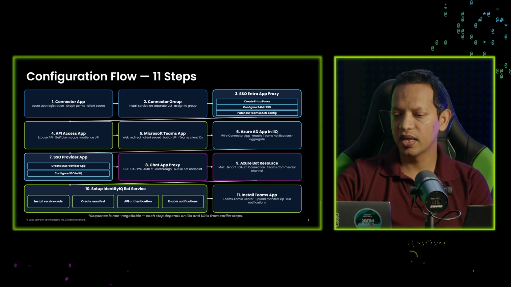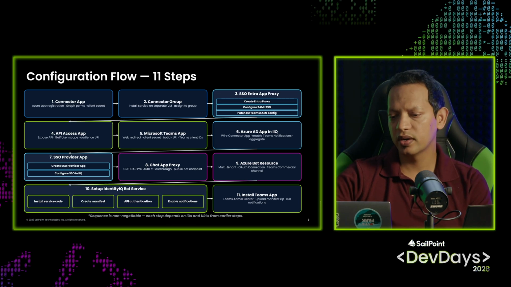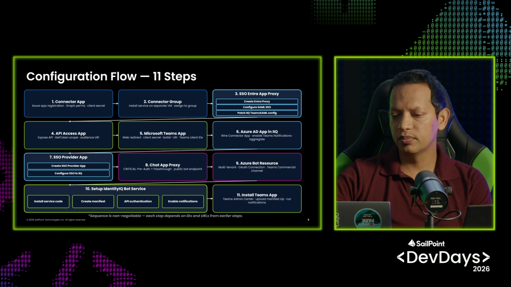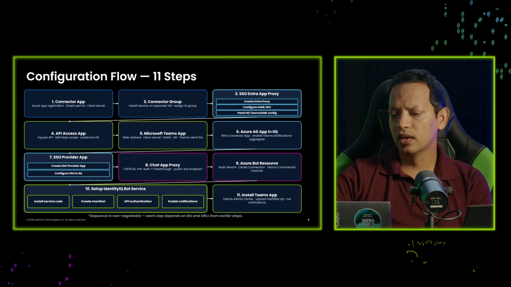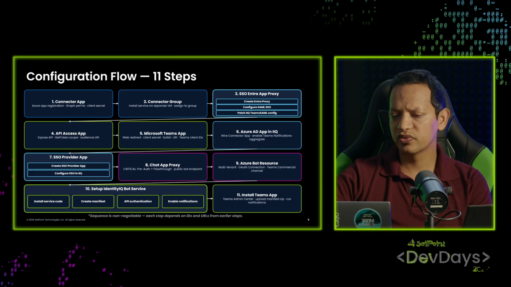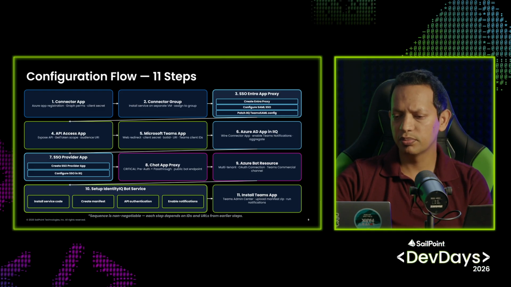What are the different application IDs that we have configured so far in Entra? This is just to establish the communication between the bot and IIQ and vice versa. Now, the bot service has two ports, one public and one private, and in terms of configuration, we use the public port for communication.